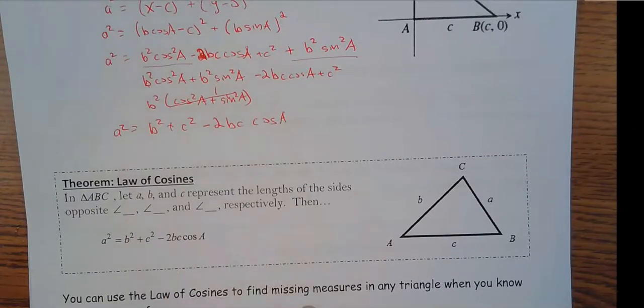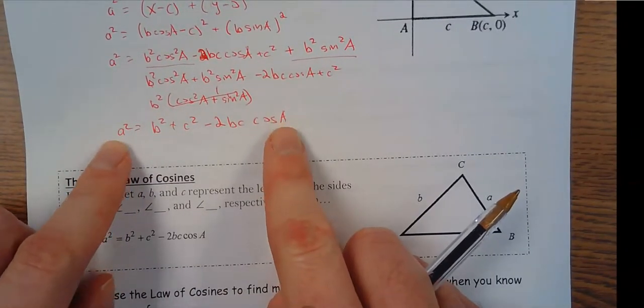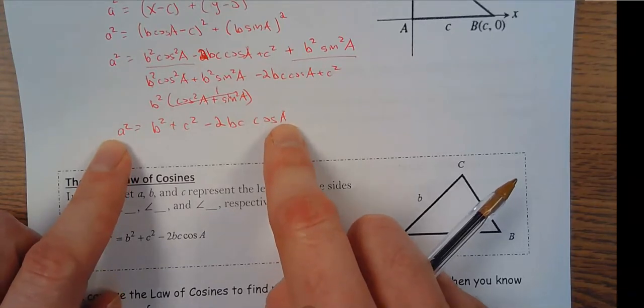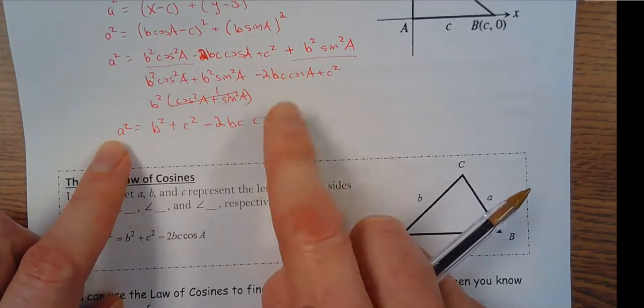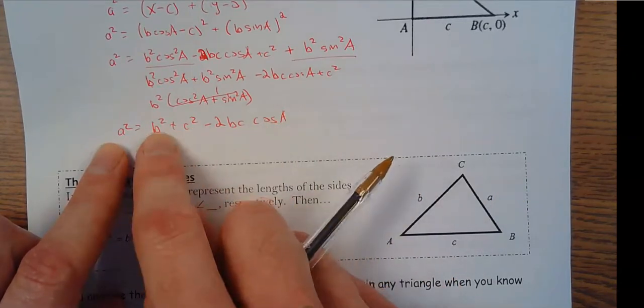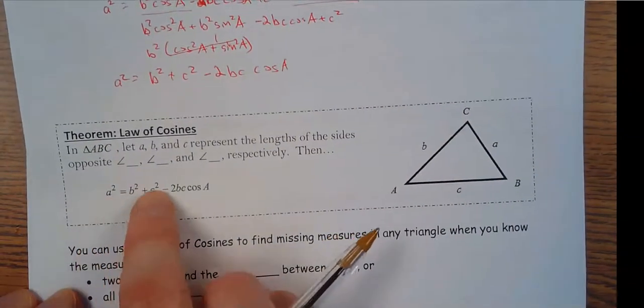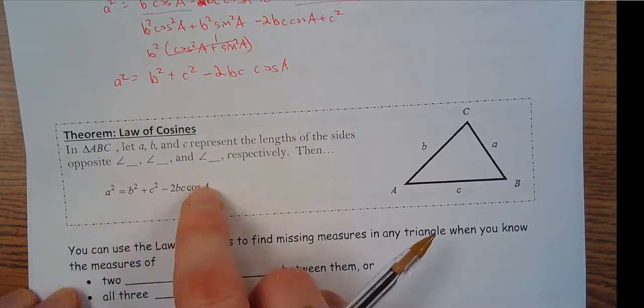And you can just switch the order. As long as the side and the angle are opposite each other, it doesn't matter which one is A, B, or C, and the other two are the other sides. So we say A, B, C, but it could be C, B, A, and then that would be a C over there.